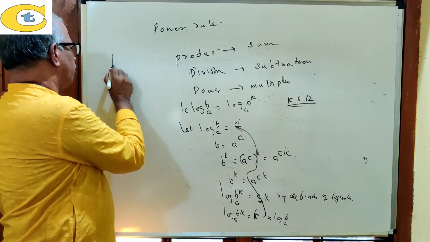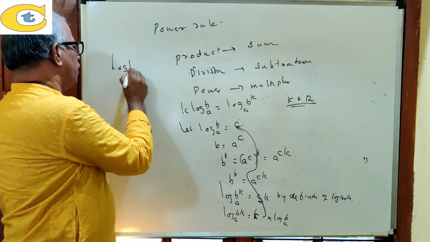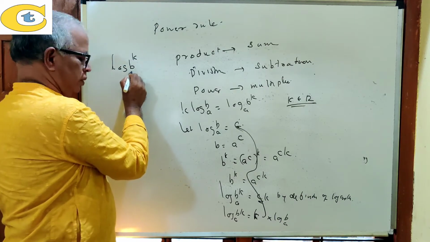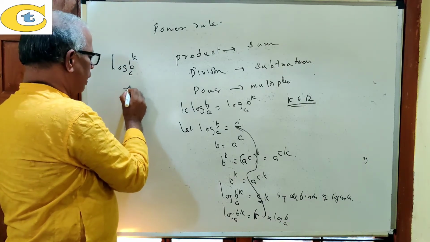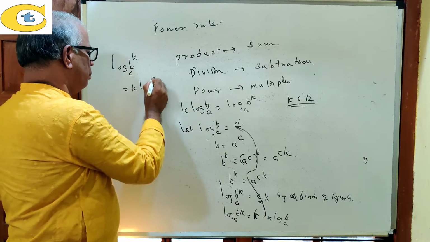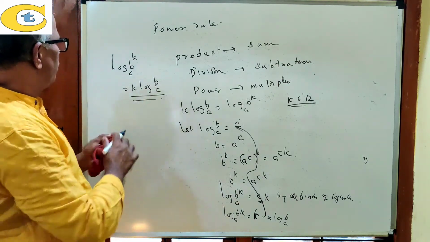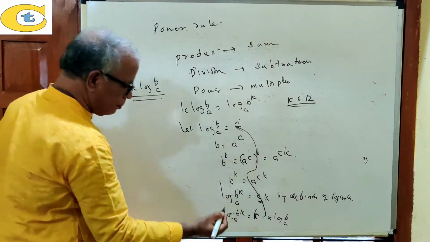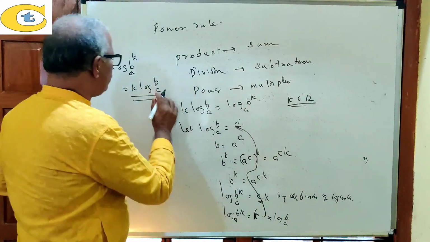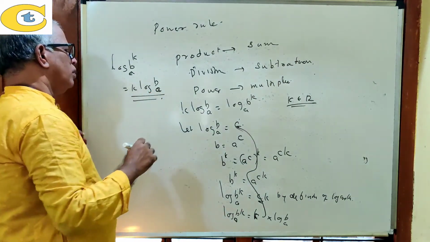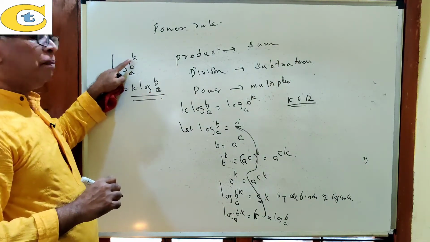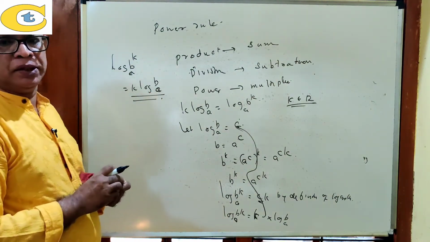Logarithm of b raised to k to the base a is equal to k logarithm of b to the base a. Power became multiplication.